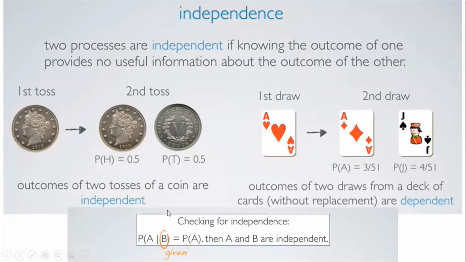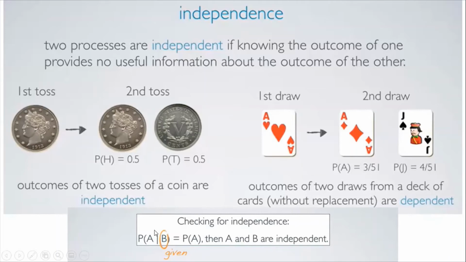So how do we check for independence? This is how you write the probability of getting A given B. When we know some outcome, we want to know another outcome. If the probability of A given B is the same as the probability of A, then A and B are independent.